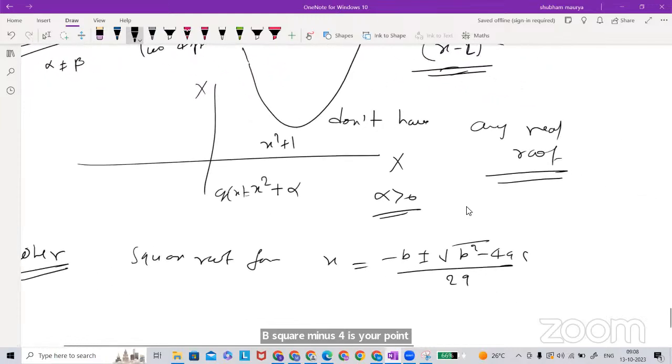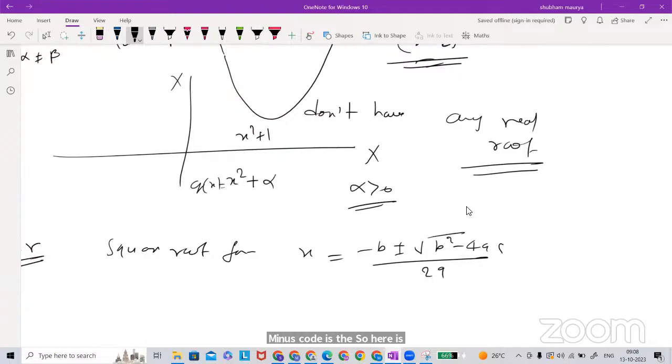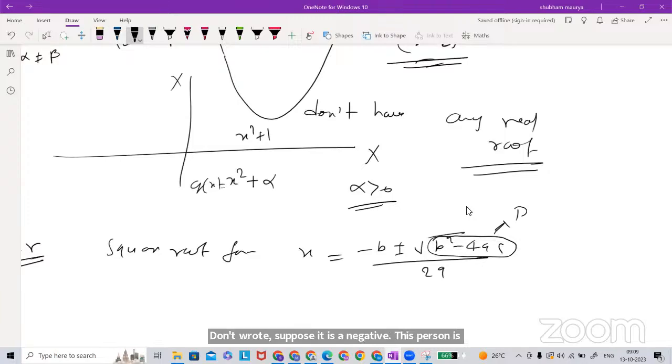Here is the inner portion, and everything will be distinguished by it: when it has no root, suppose this portion is negative. This is called the discriminant.